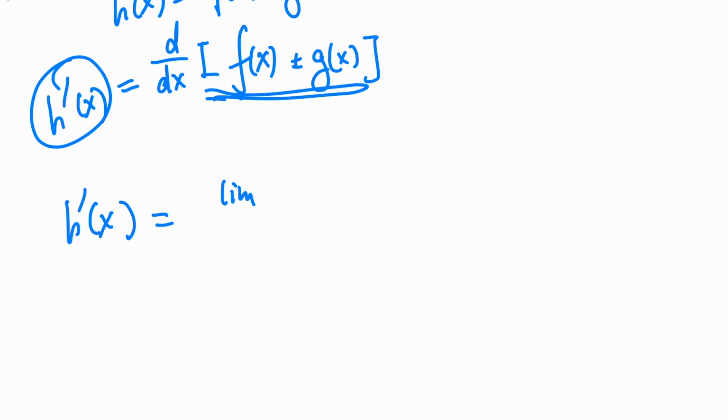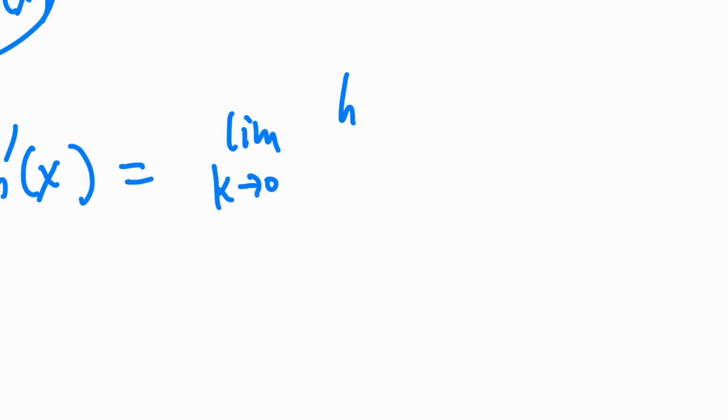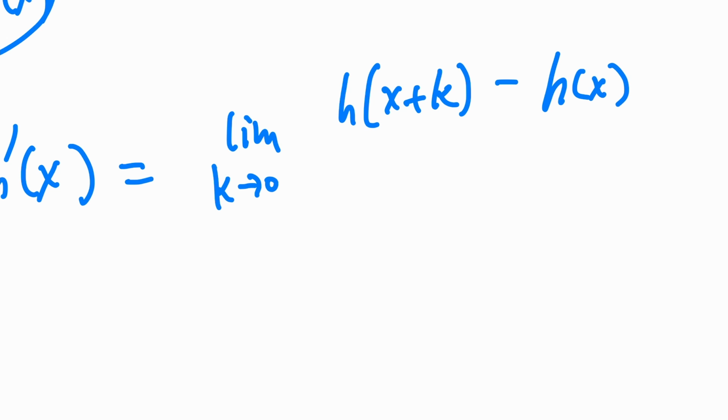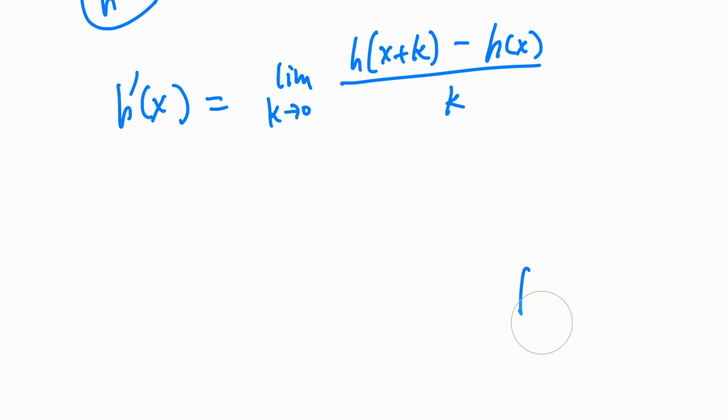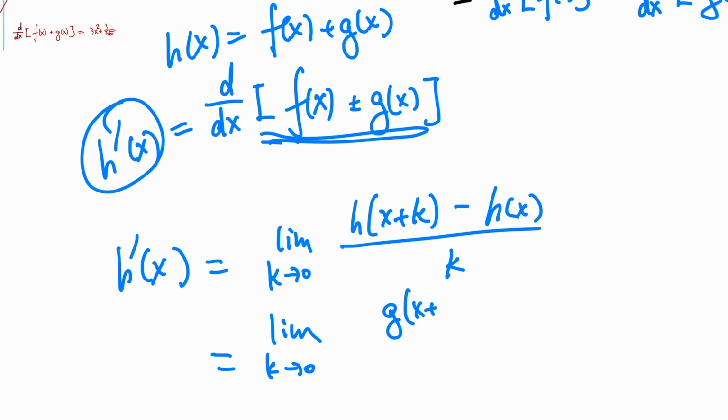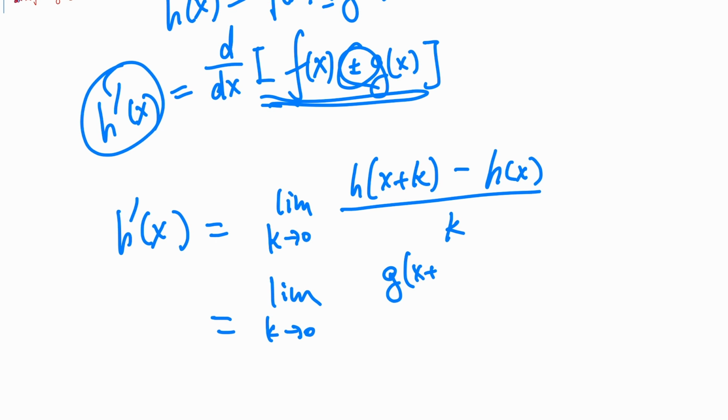So let's just use k approaches 0 of h of x plus k minus h of x over k, and we can expand that out using our definition. So that will be the limit as k approaches 0 of, actually we want plus or minus because it's plus or minus over here.